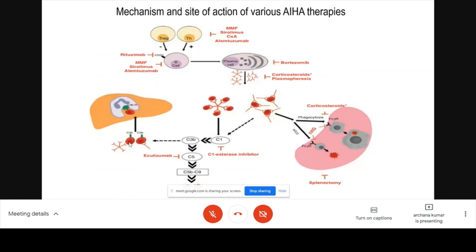So what is the mechanism of action of the various therapies we saw? Rituximab acts on the CD20 cells, which are the B cells producing the antibodies, and MMF, sirolimus, and alemtuzumab also act here, whereas MMF, sirolimus, CSA, and alemtuzumab also act on the T helper cells.